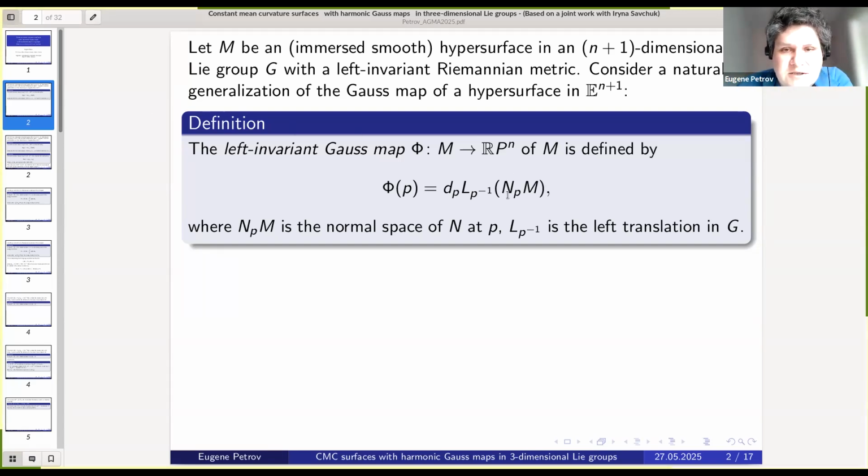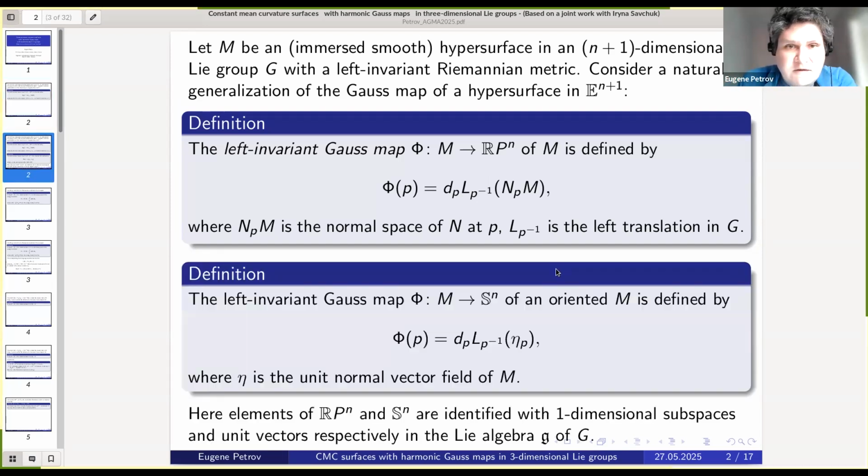We take a normal line N_p M and apply to it the differential at the point of a surface of the left translation in this Lie group, L_p to the minus first degree. We get a one-dimensional subspace of its Lie algebra, and the set of such subspaces is naturally identified with RP^n.